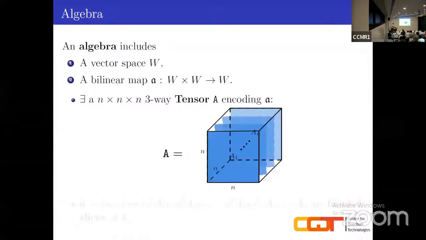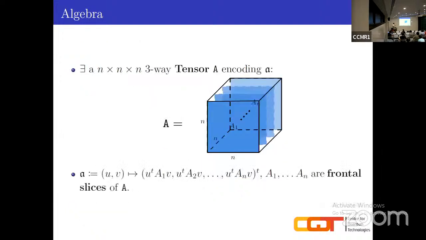For any algebra, you can encode this with a 3-tensor. You can divide this into a bunch of frontal slices, A1 up to An, and then this bilinear map can be represented by this mapping.